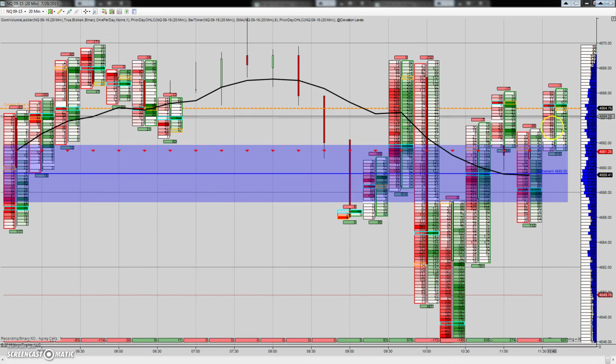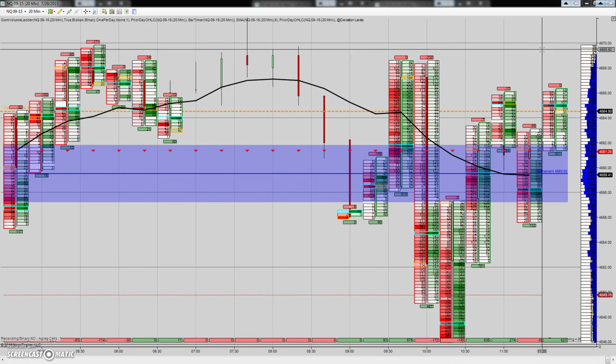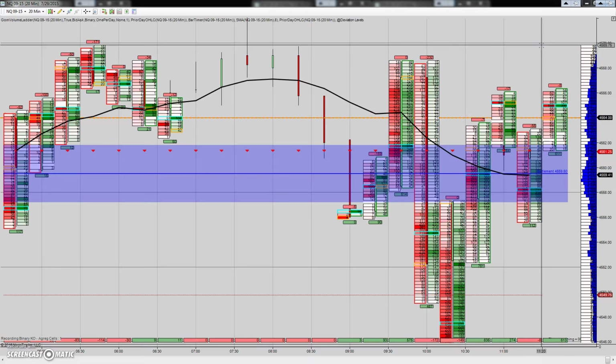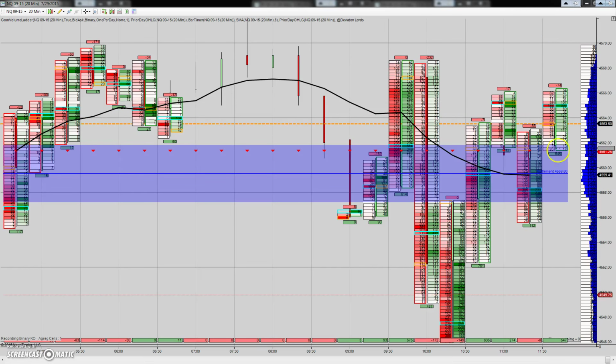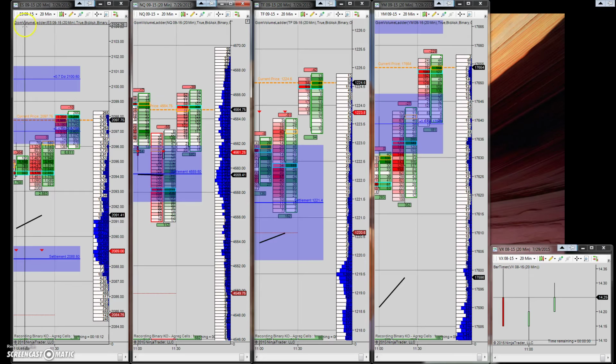Now, if it's way out and there's really hardly any chance to get back in this area, sometimes I won't bother with it. But what I like to do is look at all four of them, the S&P, the Nasdaq, the Russell, and the Dow, and just look at the particular areas.